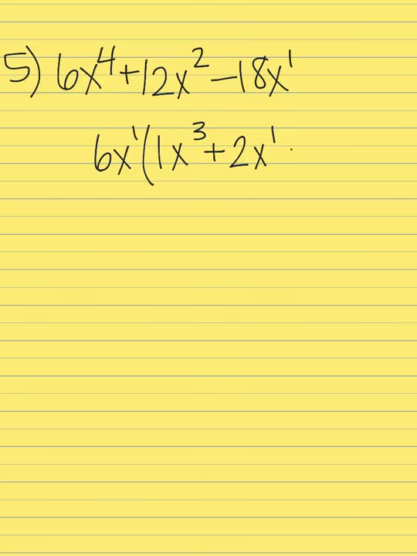Our last would be minus 3, because 6 times negative 3 is negative 18, and we already have the x to the first, so that creates our original answer. So our greatest common factor for this problem would be 6x to the first, or just 6x, and what's left over in parentheses remains.